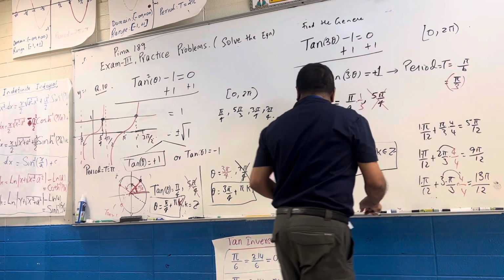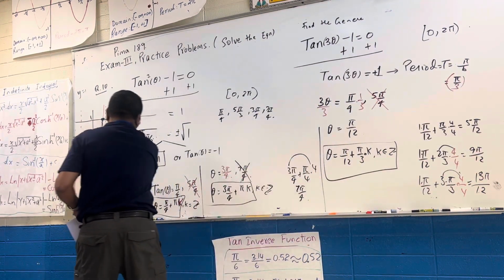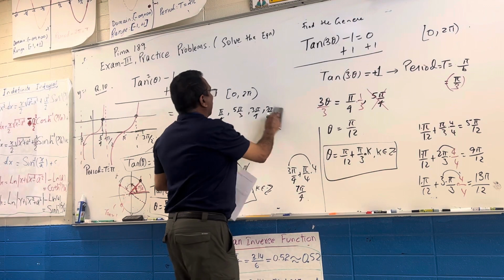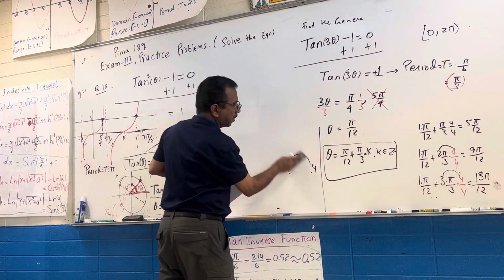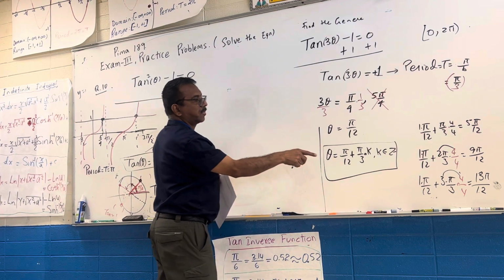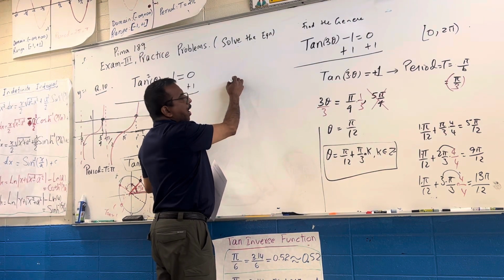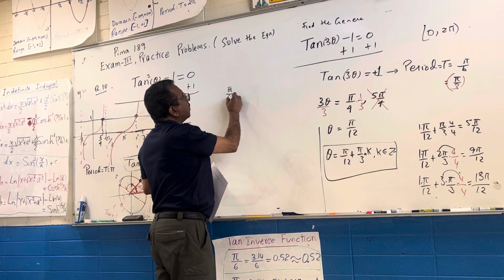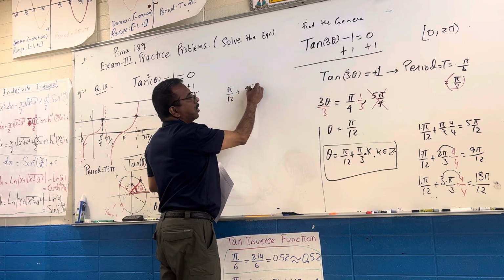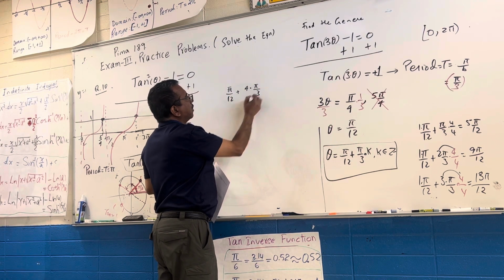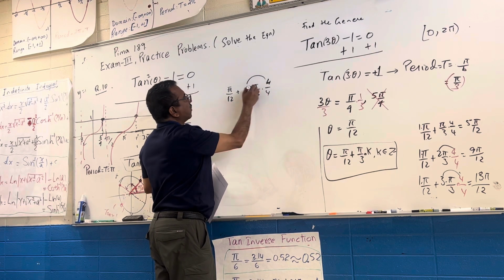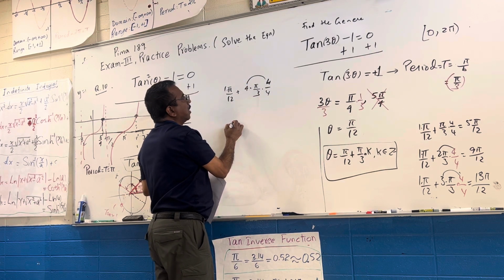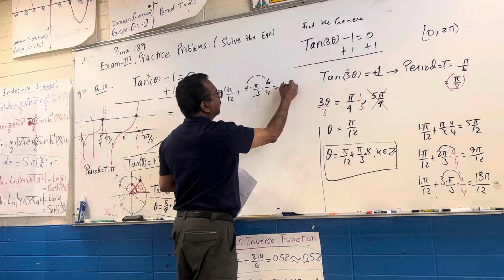Okay, let me write it on this side now. So pi by 12, and this time we are adding 4 of them. So 4 pi by 3, multiply by 4 and 4, that becomes 16, plus 1 is 17 pi by 12.